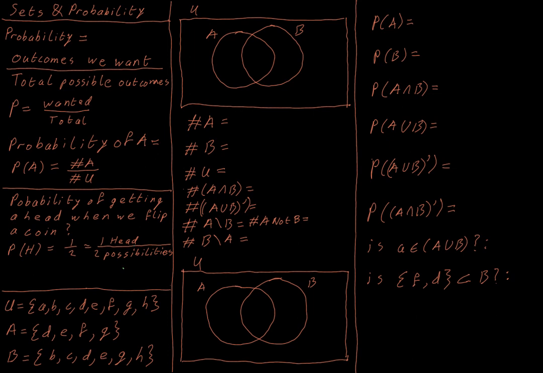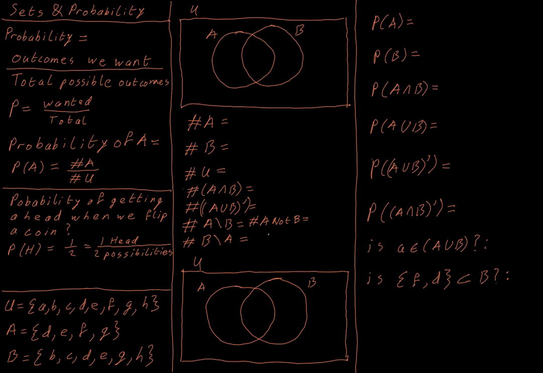We could either get a head or a tail. So there are 2 total possible outcomes. That's our universe. And there's one outcome of getting a head. So we would say that we had a probability of 1 out of 2, what we wanted out of our total. So that's a brief notion on probability.